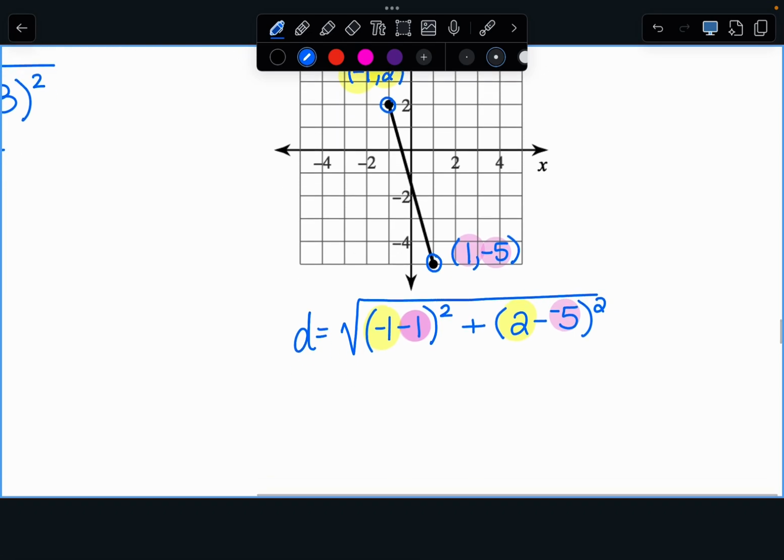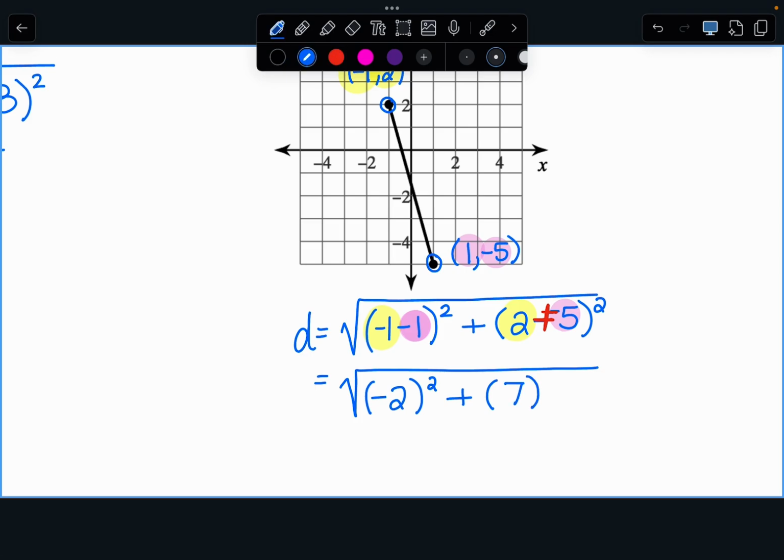And then simplifying what's inside those parentheses first. -1 minus 1 is -2, and that's squared. 2 minus -5, this double negative becomes a plus.